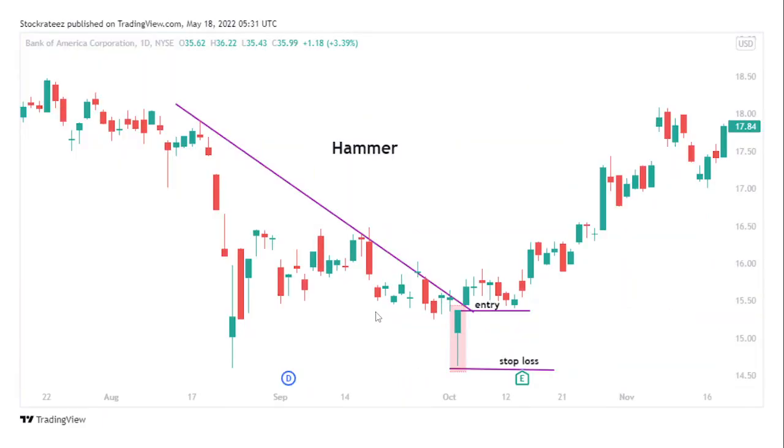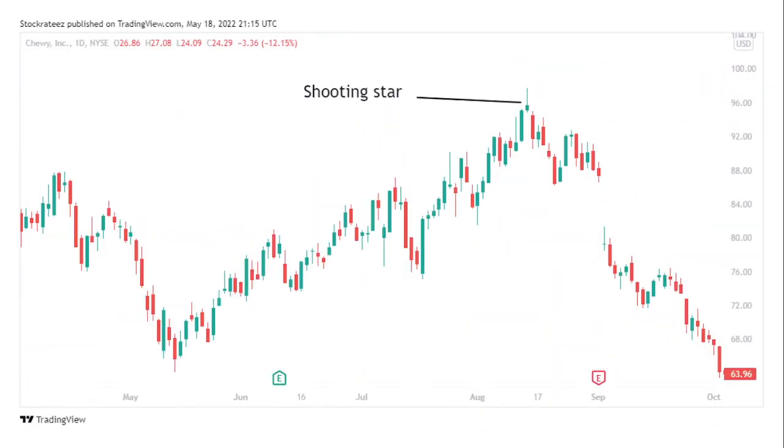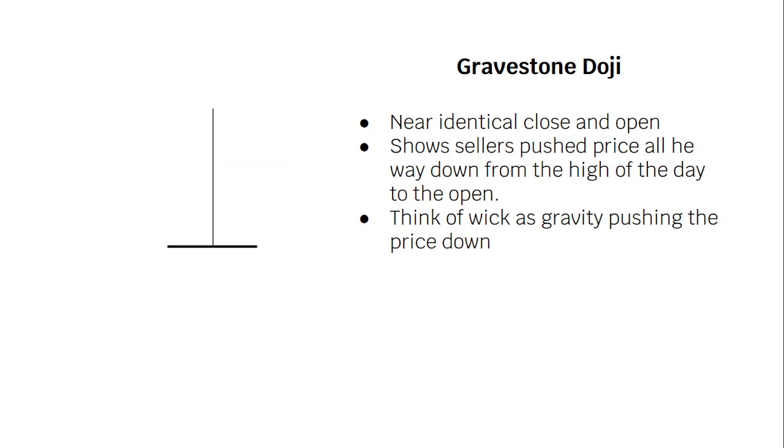Think of it as gravity. So let's talk about the gravestone doji. The gravestone doji has a near identical close and open, and this is similar to the shooting star. You could even kind of call them the same thing, but it shows that price was pushed all the way down from the high of the day to the open.